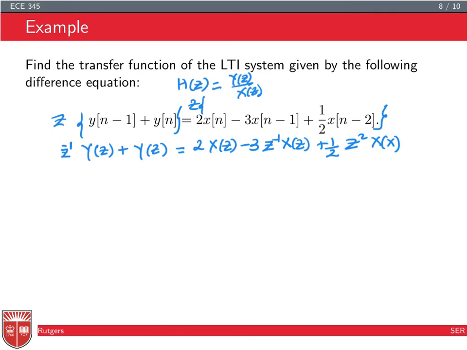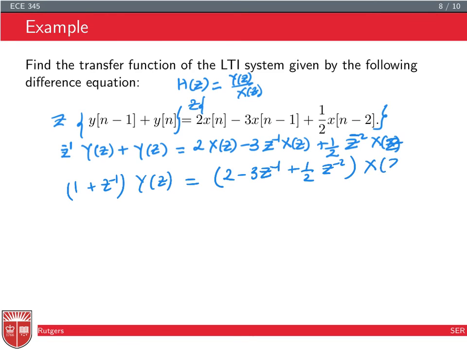And now I can write that (1 + z^-1) y of z is equal to (2 minus 3 z^-1, here should be minus 2, plus 1/2 z to the power minus 2) x of z.